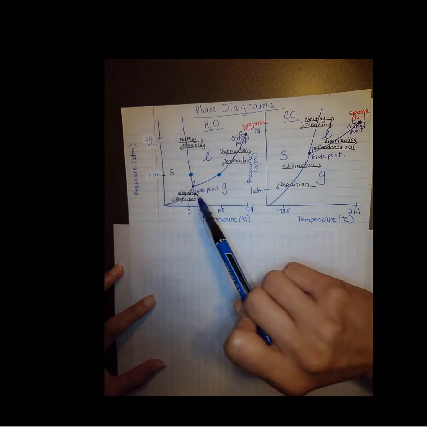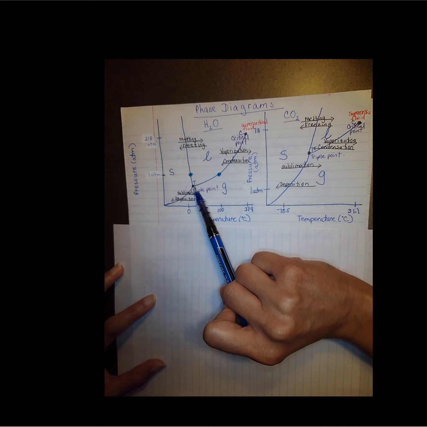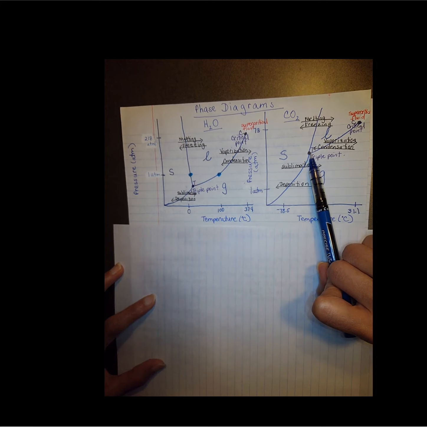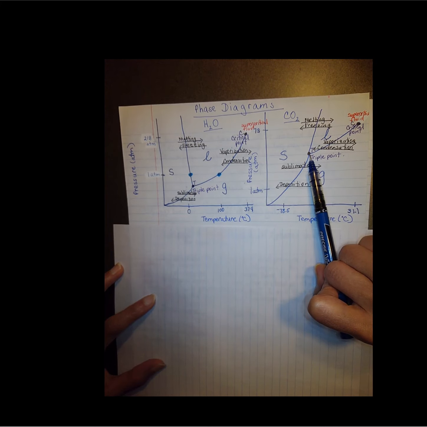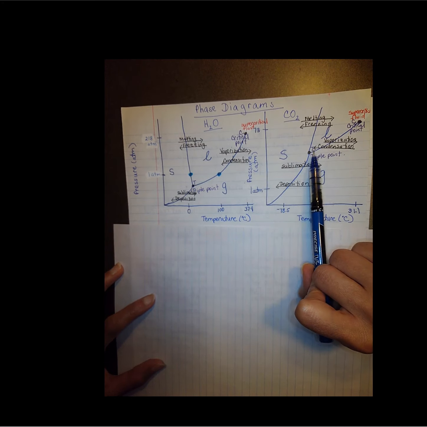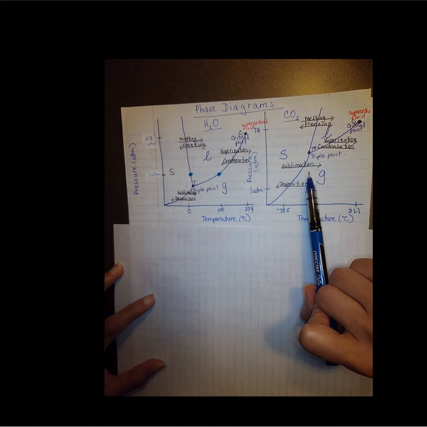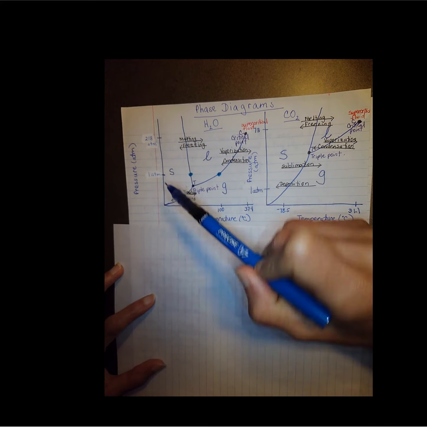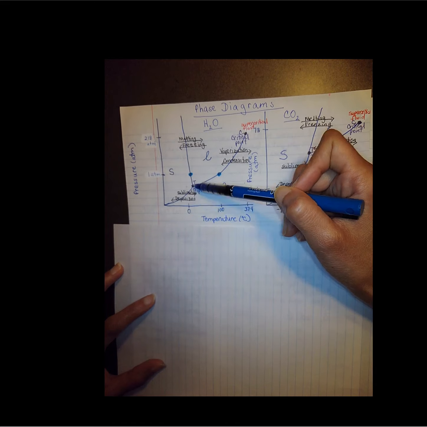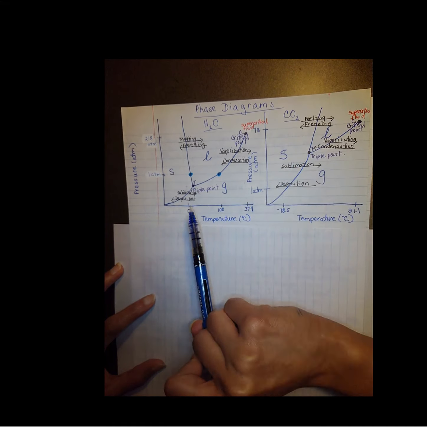Another characteristic is that the triple point for water is much lower than the triple point for carbon dioxide, where the triple point is a lot higher. It is at a higher atmospheric pressure, as well as at a very low temperature.